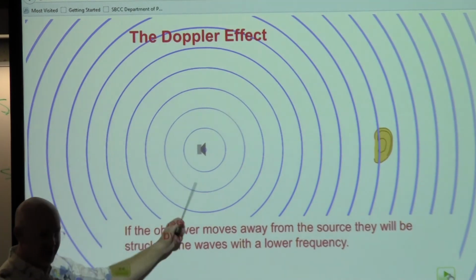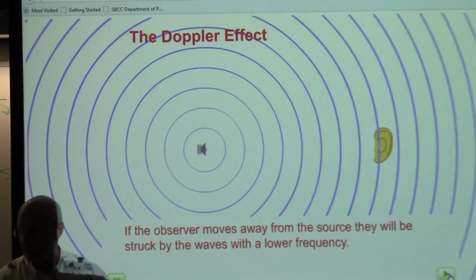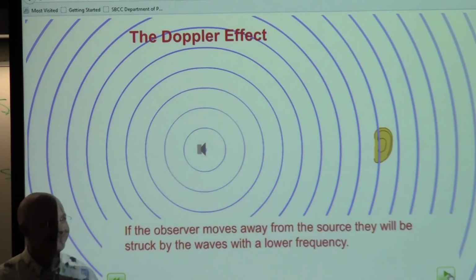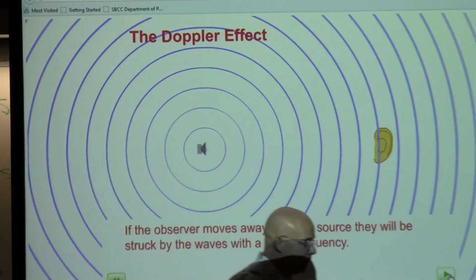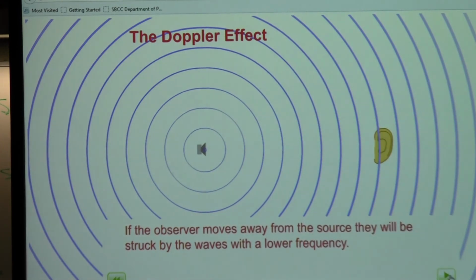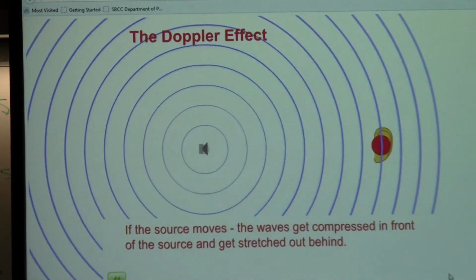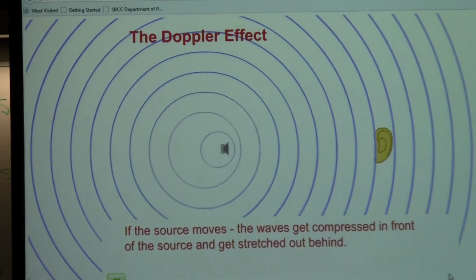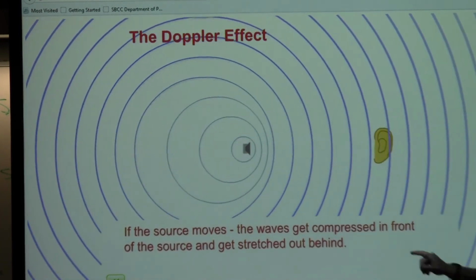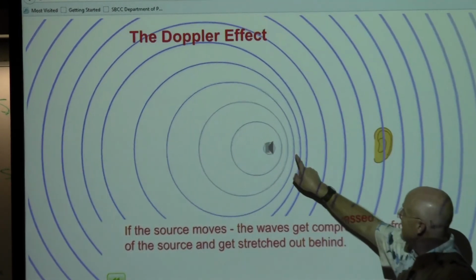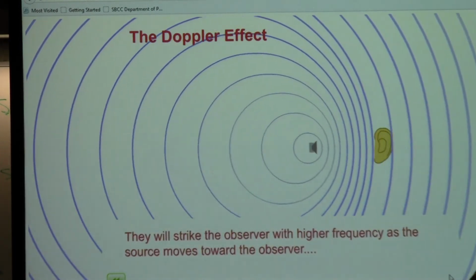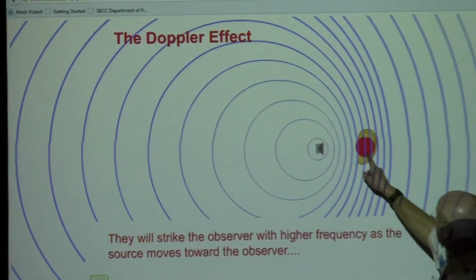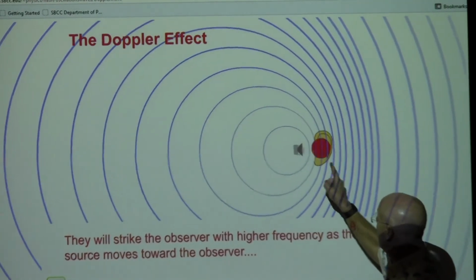S is for source, and not sound. So the source could be moving. Watch what happens when the source moves. As the source begins to move towards that ear, what do you notice here? See how they crunched up right there? We have a smaller wavelength. The motion reduced the wavelength. And as an effect of that, boom, boom, boom, you hear a higher frequency.